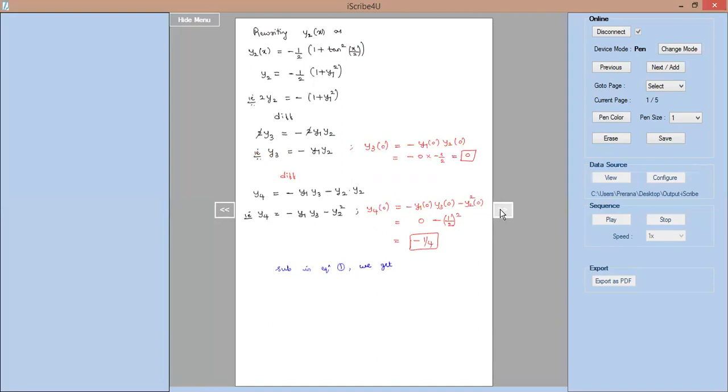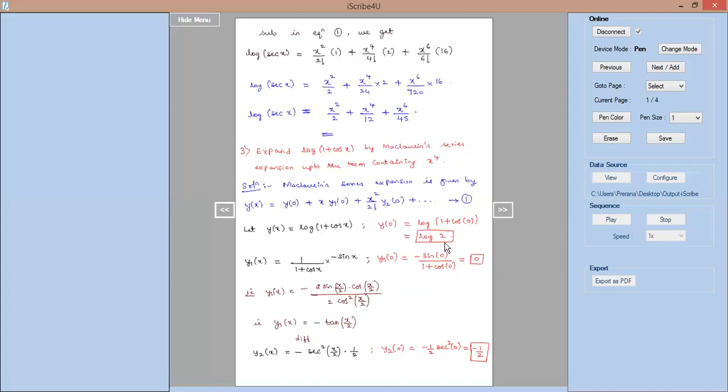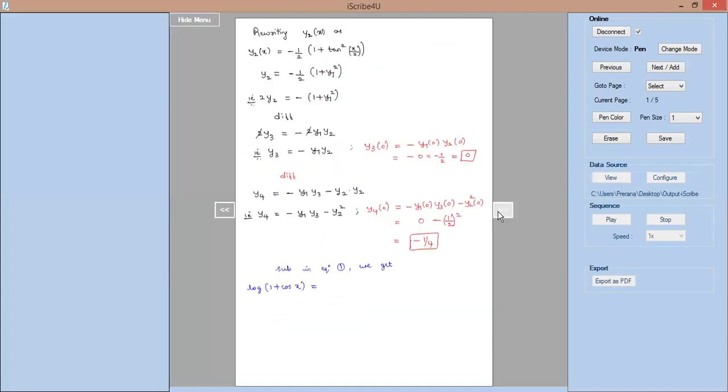So we get y of x. Y of x is nothing but log of 1 plus cos x, equal to y of 0, that is the first term, which is log 2.